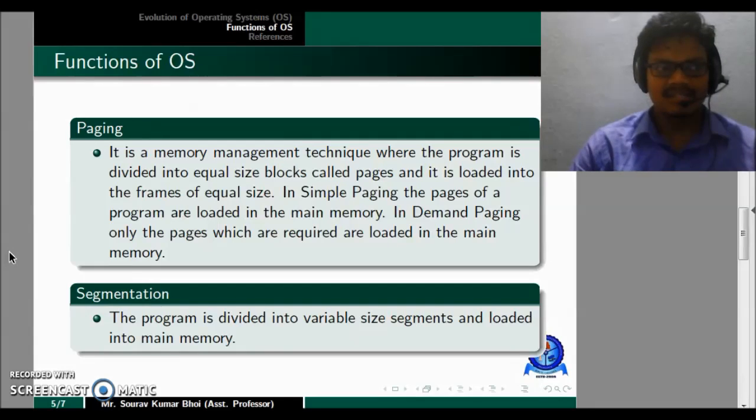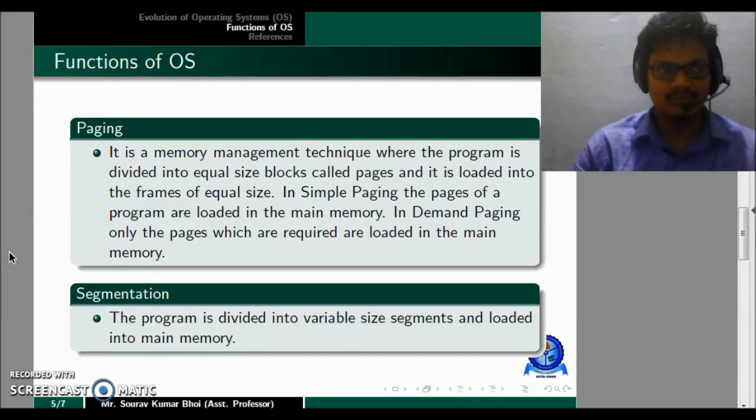Then pages are of equal size, so the program is divided equally, like 4 bytes, 4 bytes, 4 bytes. Then it is converted to 5 parts, and the pages are loaded into the main memory.